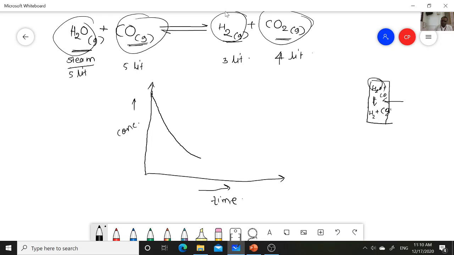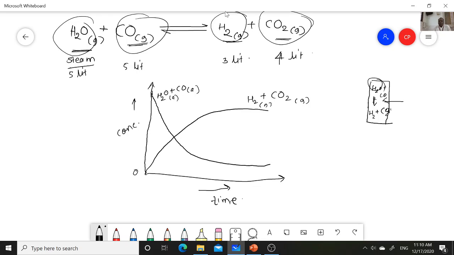The reactant molecule goes on decreasing, and the product that was initially 0 goes on increasing. These are the reactant molecules, H2O plus CO, carbon monoxide, and these are the product molecules, H2 plus CO2, gaseous.